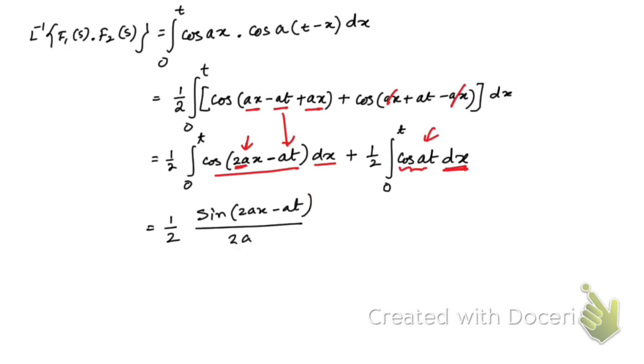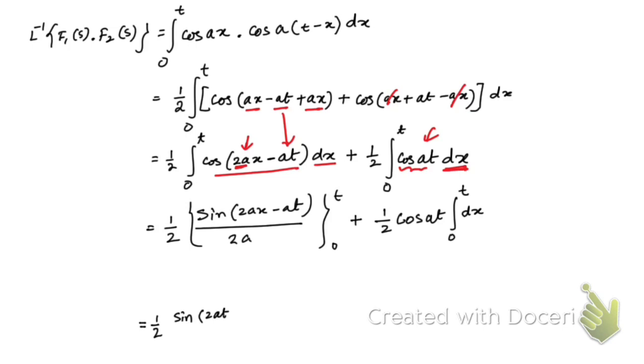The coefficient of x is here twice a, and we are integrating it from 0 to t, then plus half, then cos at is taken out of the integral from 0 to t dx. Okay, now let's integrate this dx. So we're gonna get this result. I have put the upper and lower limit here.